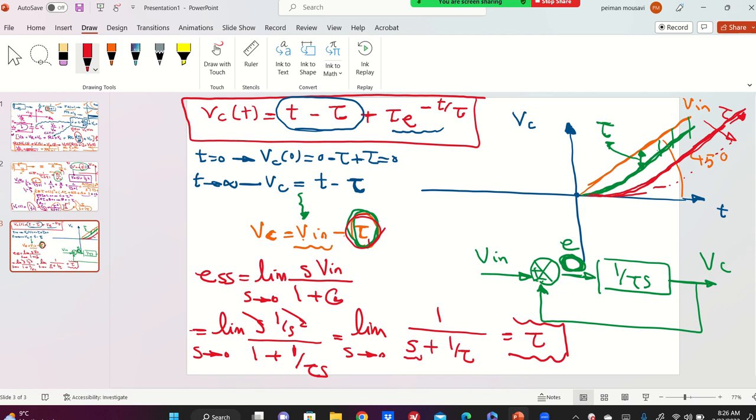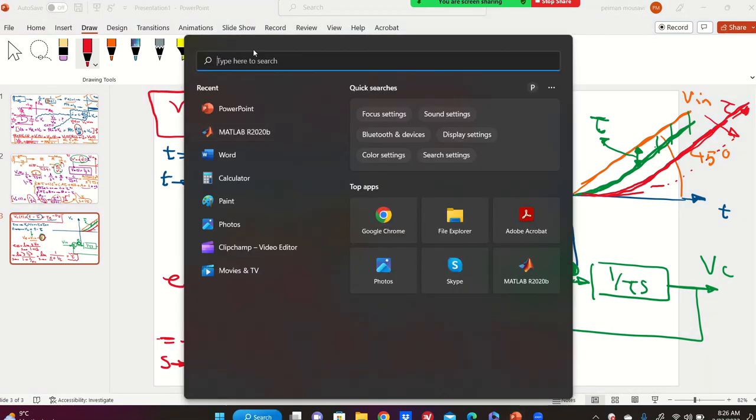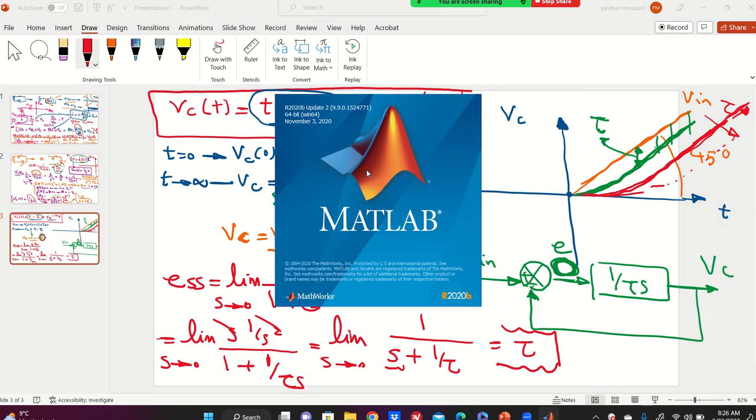So let me go to MATLAB Simulink, and as we did for previous cases, before going to parabolic, we run in MATLAB. Then we go to the tank of water, then the parabolic input. Then we're going to go to the harmonic input for the Bode plot for first order systems.